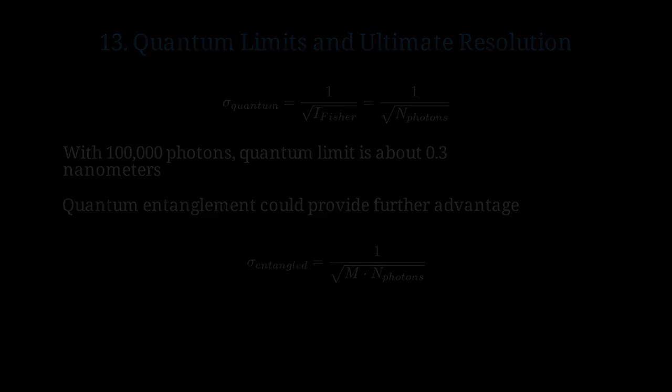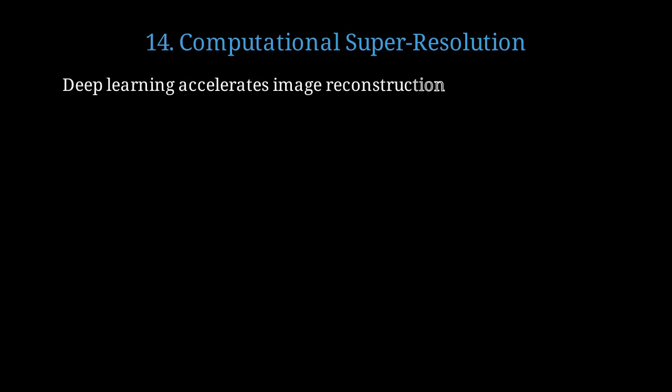Modern approaches increasingly combine optical techniques with sophisticated computational algorithms. Deep neural networks trained on high-quality datasets can dramatically accelerate reconstruction, turning hours of computation into seconds. The pipeline feeds raw microscopy data through a trained neural network that outputs super-resolved images, learning complex relationships between diffraction-limited inputs and ground truth.